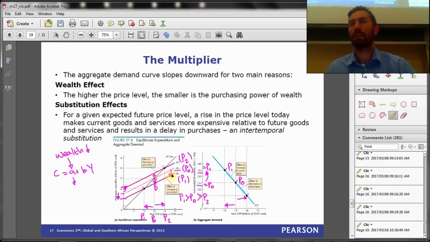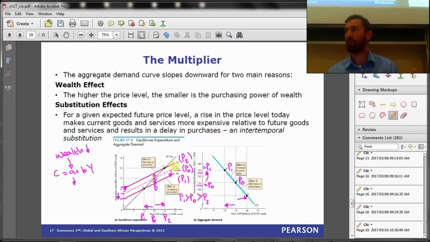If my aggregate expenditure shifts because there's been a change in one of the autonomous components of expenditure, let's say government spending increases, an increase in government spending does what to my intercept? It increases my intercept. It shifts my aggregate expenditure curve up, right? If my aggregate expenditure curve shifts up, I get a higher level of equilibrium output.